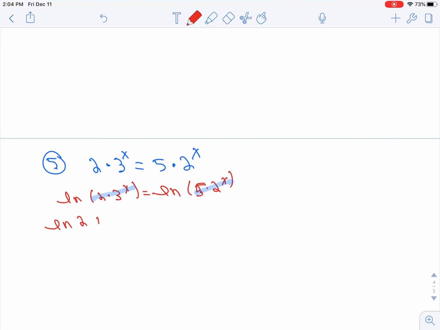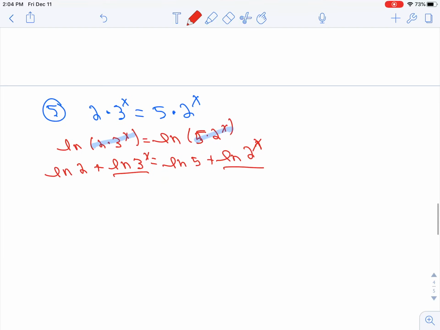So this is really ln of 2 plus ln of 3 to the x equals ln of 5 plus ln of 2 to the x. Now at this point, what you generally do is you get all the terms that have x's in them on one side and everything else on the other side.